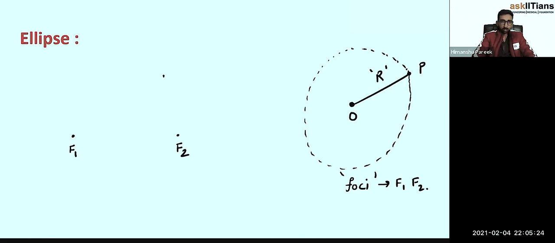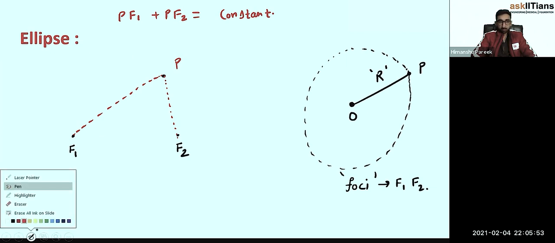Now if a point moves in such a way that its distance from these two fixed points, this distance is PF1 and this distance is PF2, and the sum of these two distances is constant, we say the particle is going in an elliptical orbit.